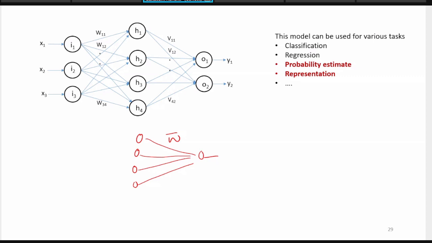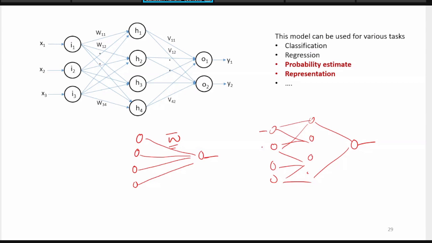So how well will you be able to learn this vector w? Generally, you don't have many parameters here. So if you have a much more complex data set, you may not be able to learn the appropriate weights with this vector. So it may be better if you have a hidden layer, and you have something like this.